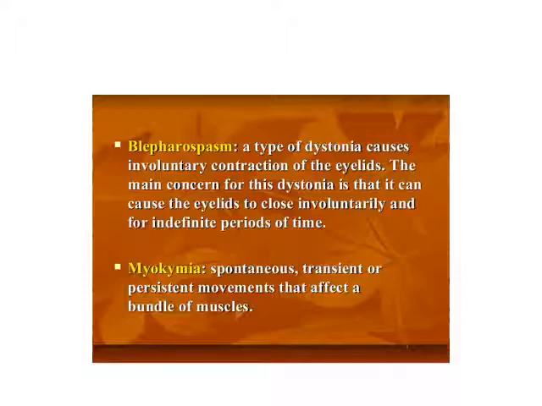The main concern for this dystonia is that it can cause the eyelids to close involuntarily and for indefinite periods of time. As we said before, it can result in closure of the eye in late stages. We have myokymia, which is spontaneous, transient, or persistent movements that affect a bundle of muscles.